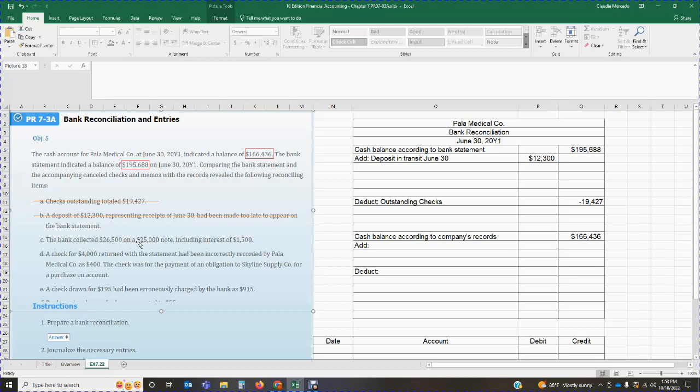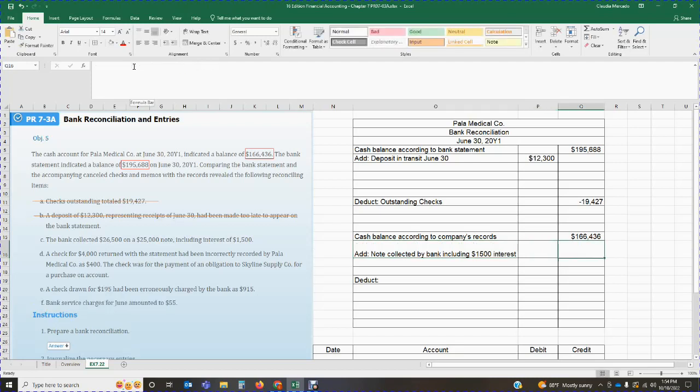If we collected money, do we have more or less money? We have more, so we need to add. We're going to add note collected by bank, including $1,500 in interest.